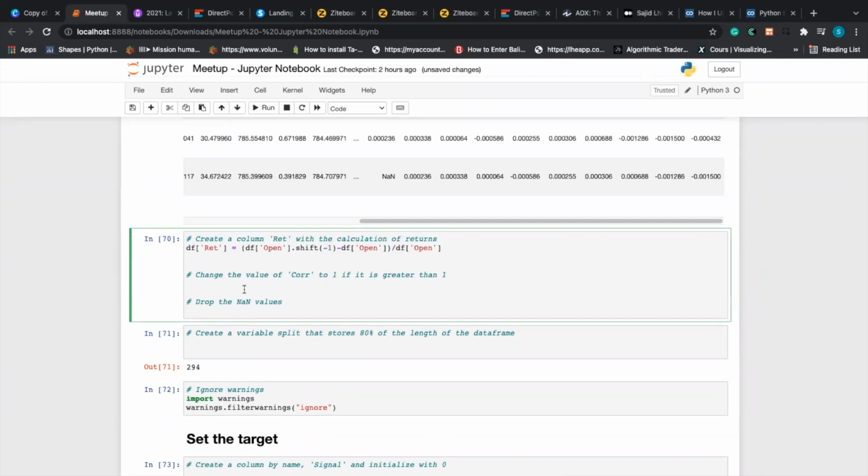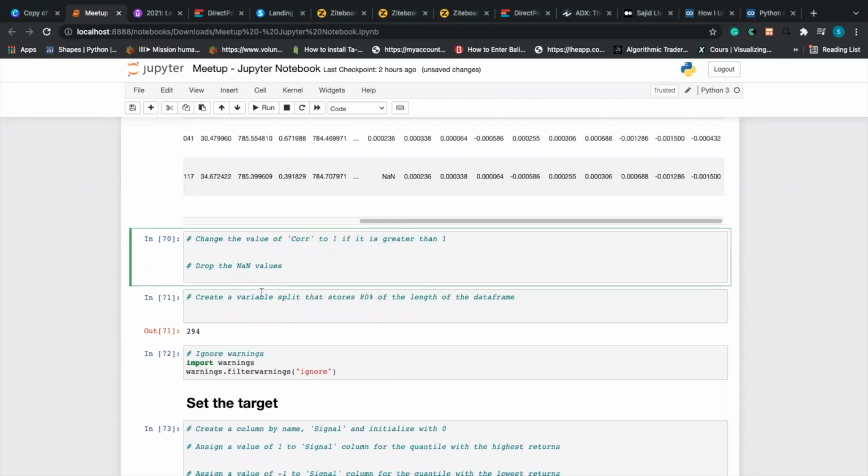Now we are going to add... no, sorry, I did something. Yes, I calculated the return. Okay, I think there's no need, we already calculated the return. We just need to directly calculate the correlation coefficient.